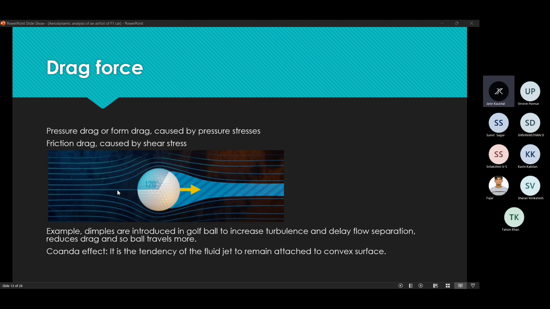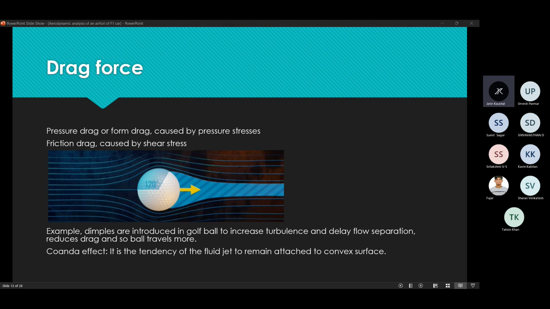Pressure drag, I will give the example of this golf ball. These streamlines come to the body and detach at the end of the body. The streamlines are not attached like those at the front of the body, so there is a vacuum or suction behind the object.